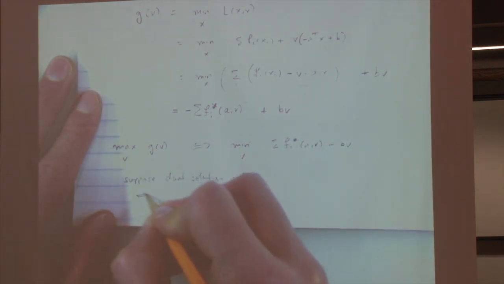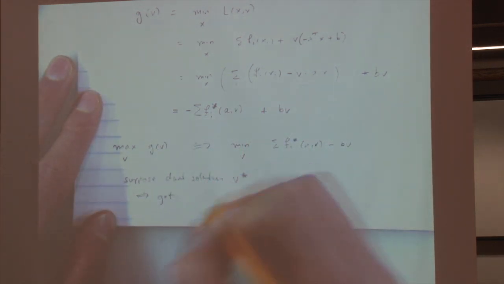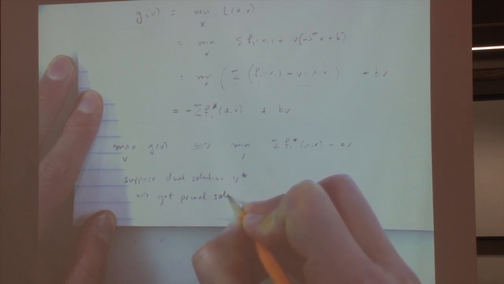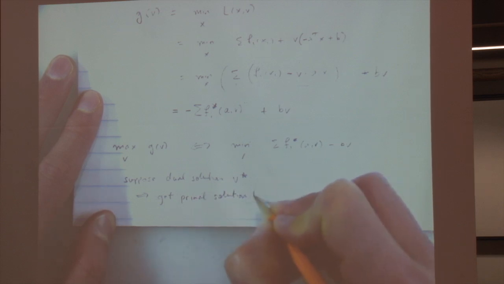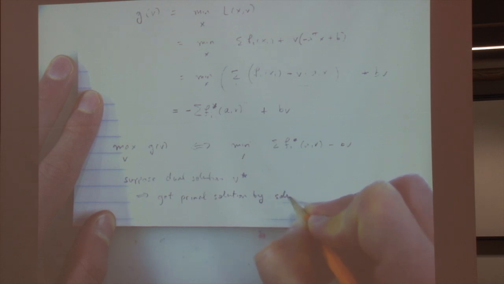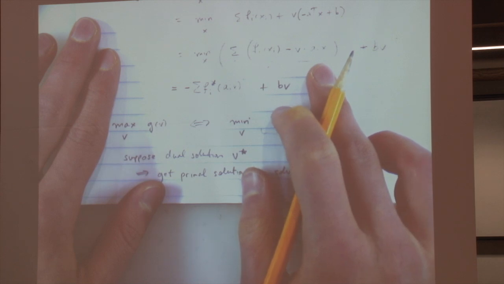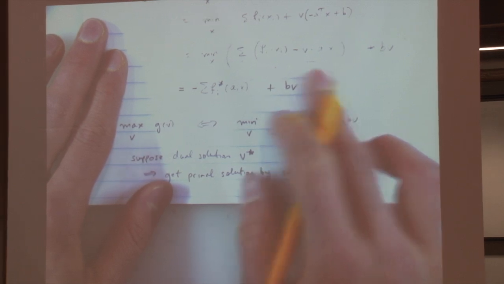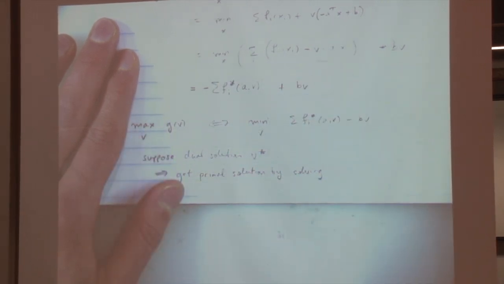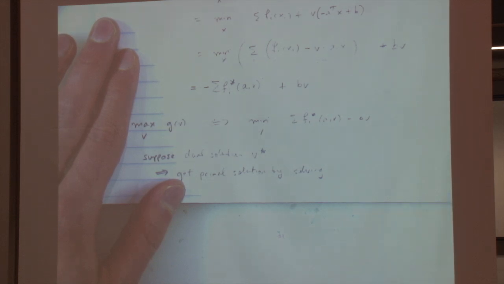So then from this we can get the primal solution by solving the following equation. We want to minimize this term over all xi, right? If we could do that for each i, then we're going to have minimized the Lagrangian over x.